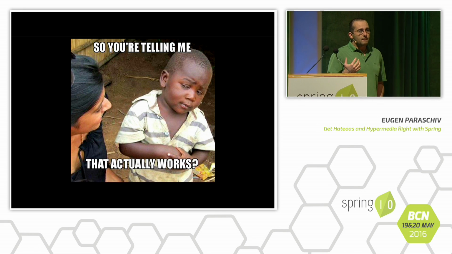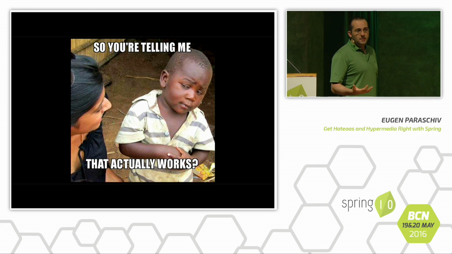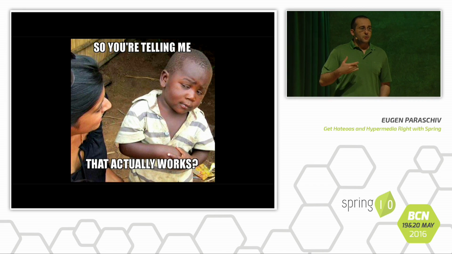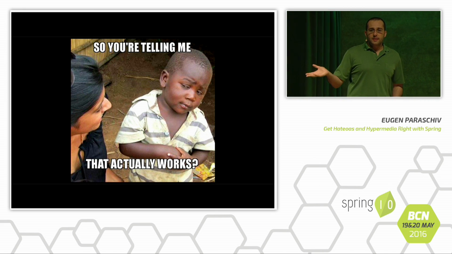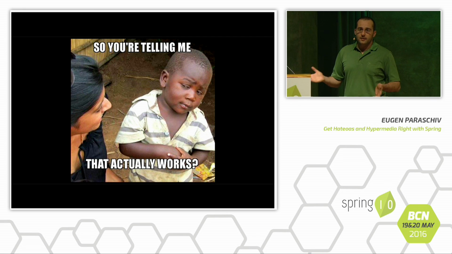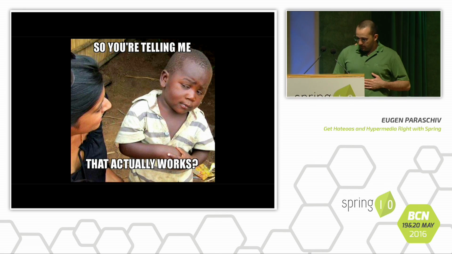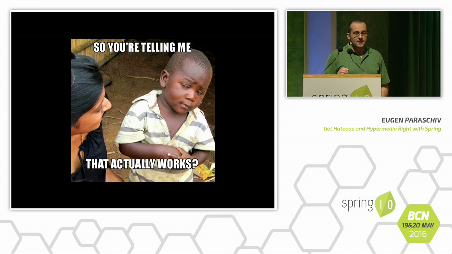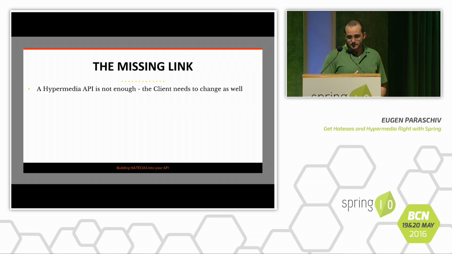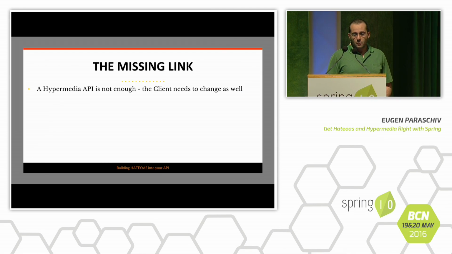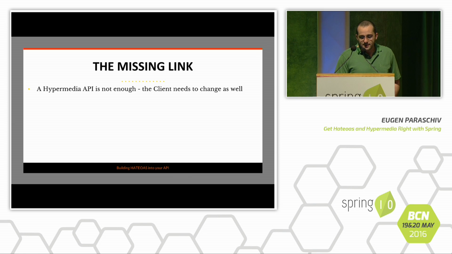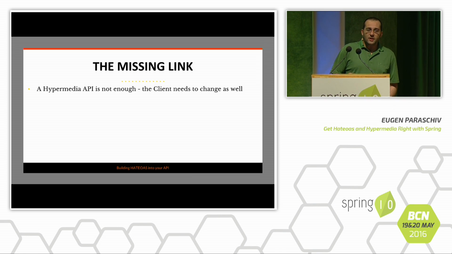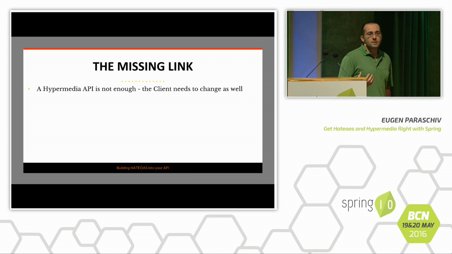It's not like you implement Hypermedia into your API, and all of a sudden your clients are never broken and you pretty much can do anything you want. No. So it's definitely a common question, and it's definitely a legit question. All right. So what's the missing link? Well, the missing link is that when you're building the client, it cannot be business as usual.